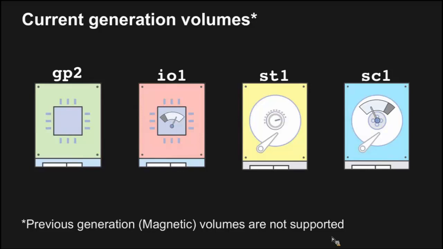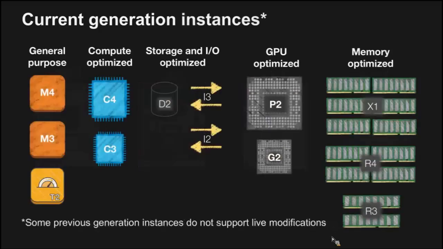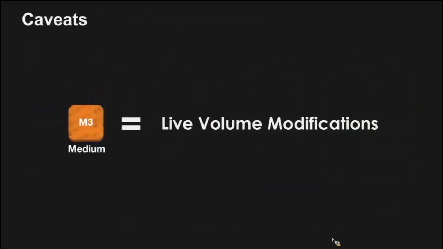If you're using current generation EBS volumes, the ones we've already discussed, the GP2, io1, ST1, or SC1 volume types, you can take advantage of these capabilities today.